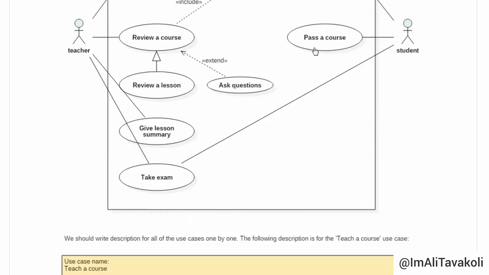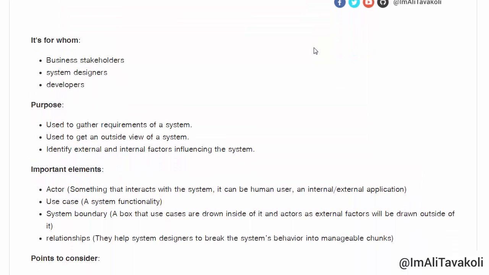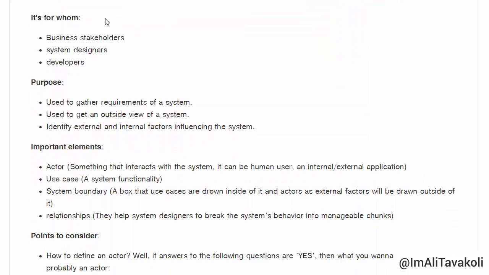All right. So let's see for whom a use case diagram is. And don't worry, I will go back up there to explain the use case diagram more clearly. But first, let's see who a use case diagram is for. It's for business stakeholders, system designers, and developers.